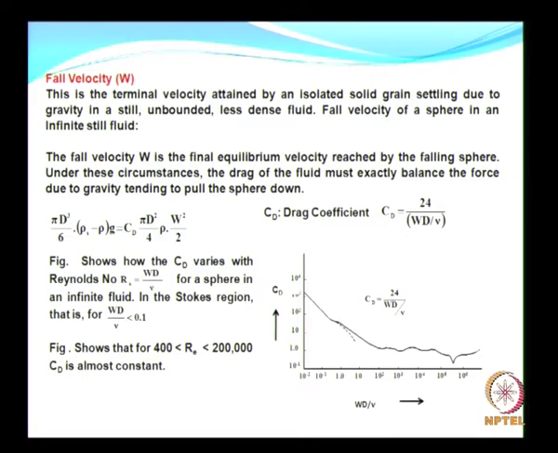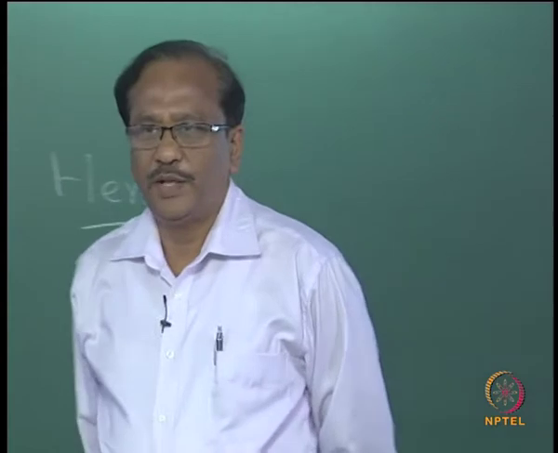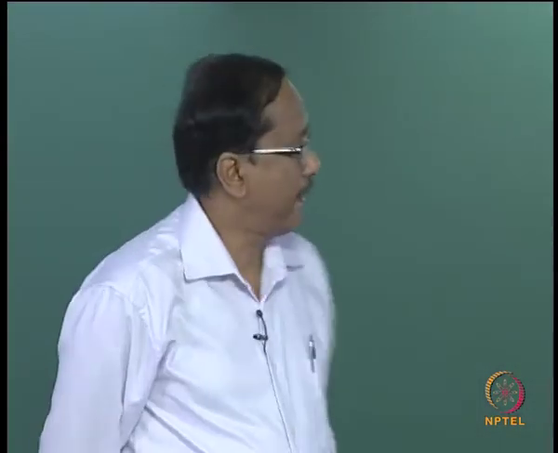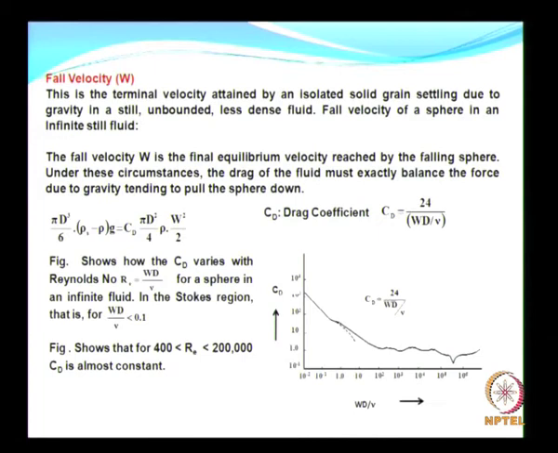So again I repeat, it is the terminal velocity attained by an isolated grain settling due to gravity. Settling due to gravity means there should be some kind of resistance also offered, right. If there is no resistance, the whole thing will go down. So the fall velocity, or the final equilibrium velocity: let us consider a sediment particle as a sphere.